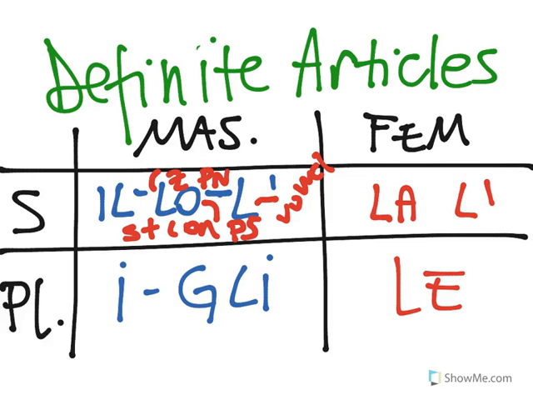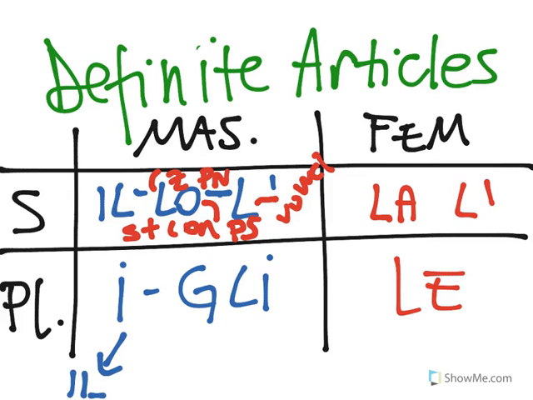The plural of this masculine definite article is i or gli. When do we use i? We will use i when we have to make the plural of the article il.